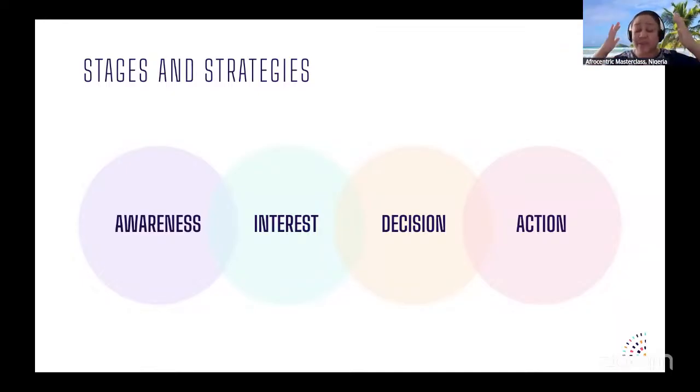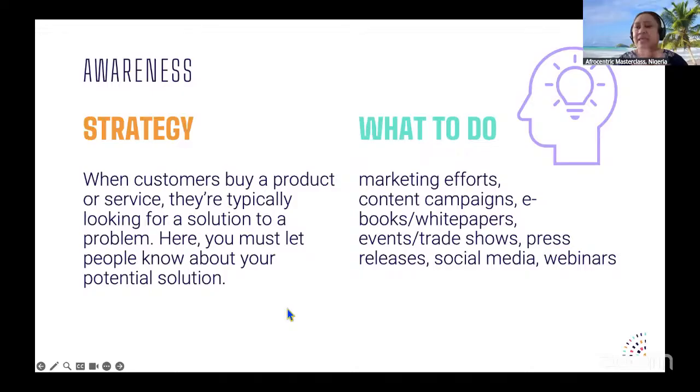I will share with you different types of landing pages. There are so many ways to skin a cat. So these are the different stages, and they are easy to use and implement as long as you follow the right strategy.